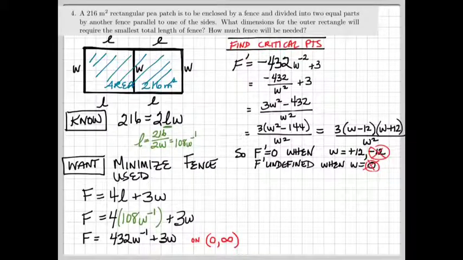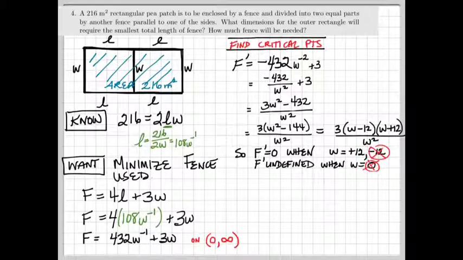We also have to worry about where f prime is undefined. That's when W equals 0. But as we saw previously, 0 is not in our interval because it's impossible to have a width of 0 and enclose a specified area. That means there's a single critical point in our region of consideration, namely W equals 12.